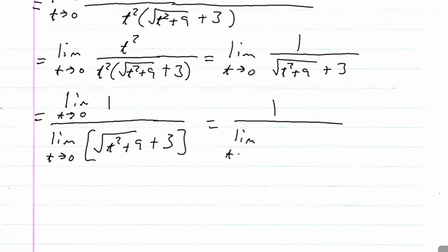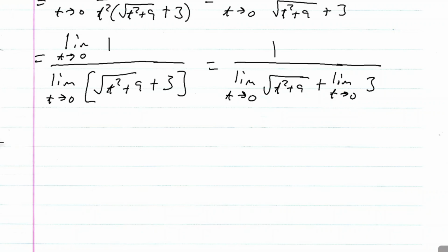Limit as t approaches 0 of the square root of t squared plus 9 plus the limit as t approaches 0 of 3. Okay? Now, yet another limit law tells us that if I have the limit of a radical, I can put the limit inside of the radical. So this is going to be 1 over the square root of the limit as t approaches 0 of t squared plus 9.